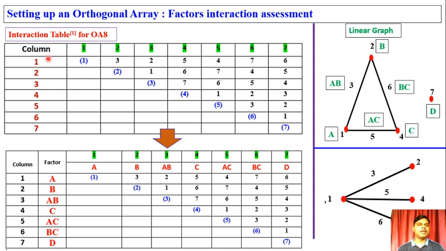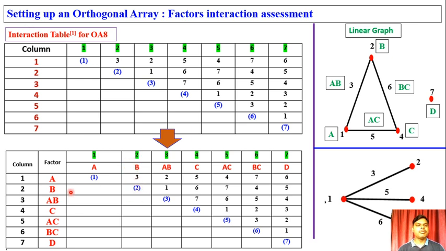Okay, so this column A here I have put as factor A. In column 1 I have fitted factor A, in column 2 I have fitted factor B. So if we talk about the interaction between A and A, there is no interaction, so this is fixed for column 1. Okay, if we talk about column number 2 and column number 2, this column is fixed for factor B, so this column is fixed.